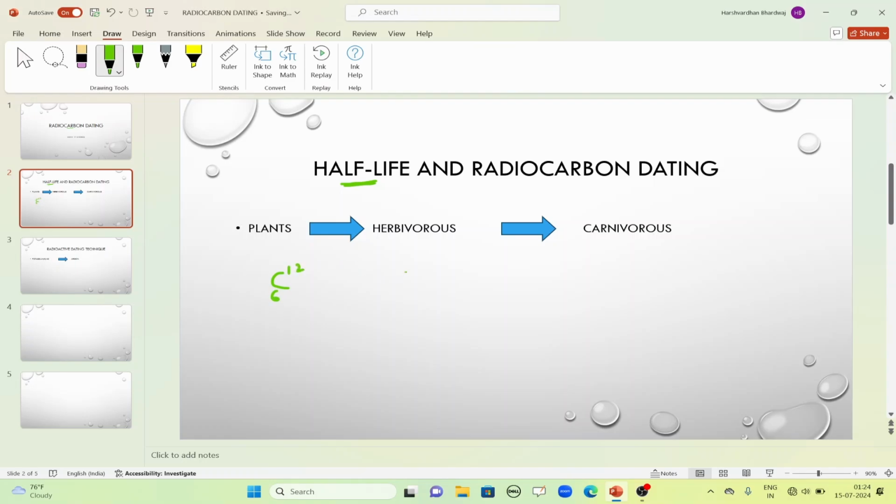It has another isotope, with atomic number 6 but mass number 14. An isotope is a substance having the same atomic number but different mass number, like 12 and 14 here. Of these two, carbon 12 is abundantly found and is not radioactive, but carbon 14 is radioactive. So in carbon dating, we use the carbon 14 isotope.